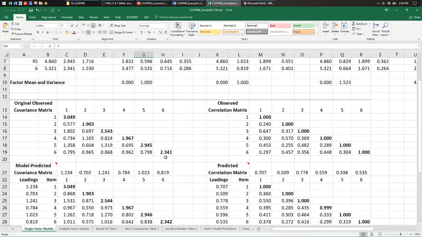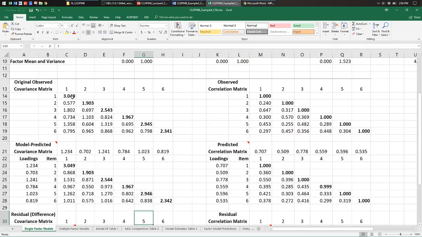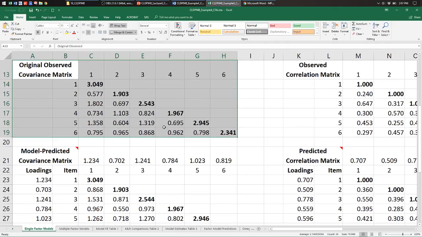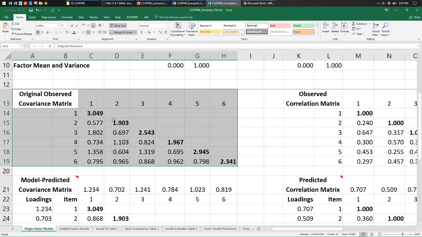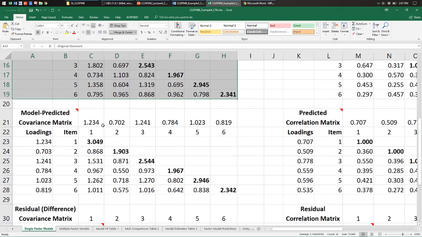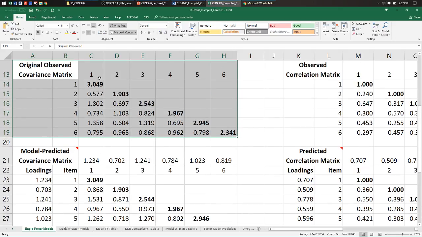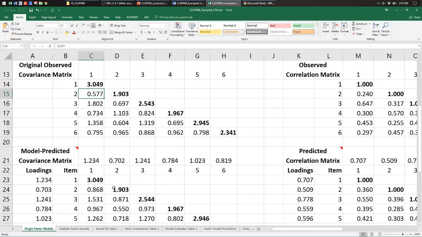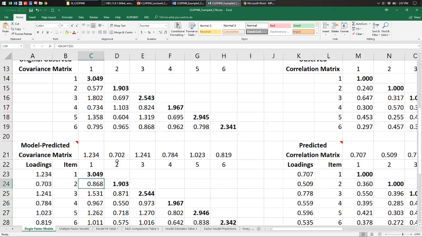So here is my original covariance matrix for the 6 items. That's the answer key. That's what we're trying to get back to. Here is what the model says it's going to be. So there's my 0.577 from the data. There's the 0.868 that we just figured out. And here are the rest of them.